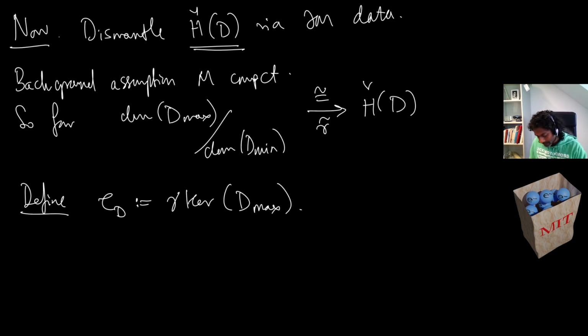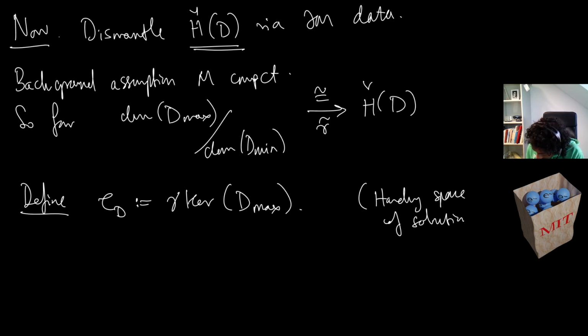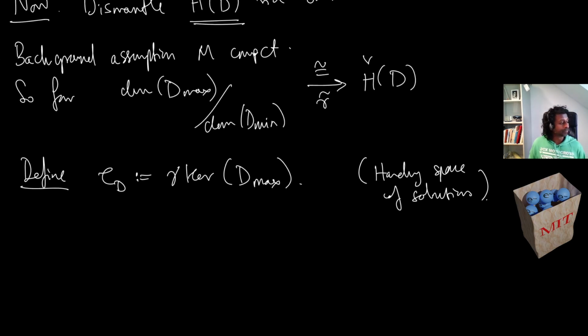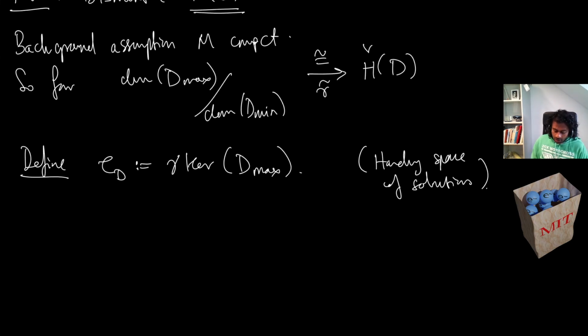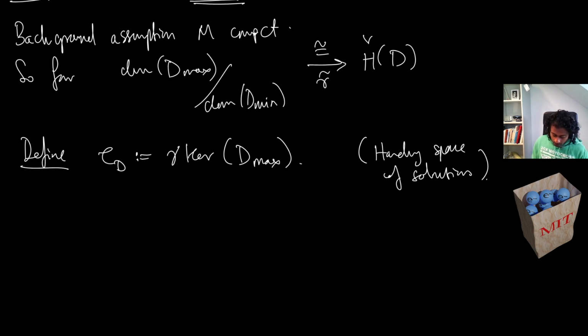Okay, so you can maybe call this the Hardy space of solutions, if you really want to call it a name, but I'm not going to worry about it too much. So I just want to say here that, of course, we have the kernel of D max. It's not hard to show that for a closed operator, the kernel is also a closed subspace, also in L2, right? Because, of course, on the kernel of D max, the graph norm and the L2 norm are equivalent.